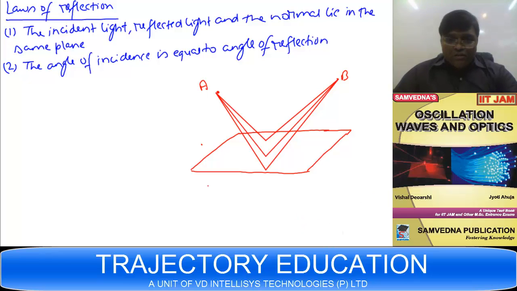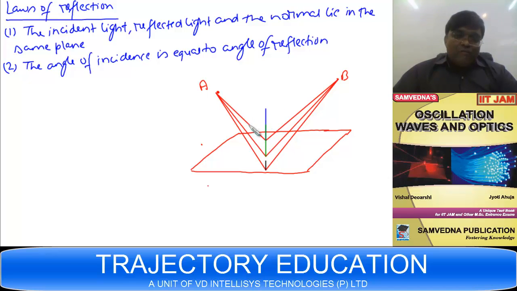Out of all these, see, this is the normal. In this case, this will be the normal. I do it by a different color. This can be the normal. In this case, say this is the normal.